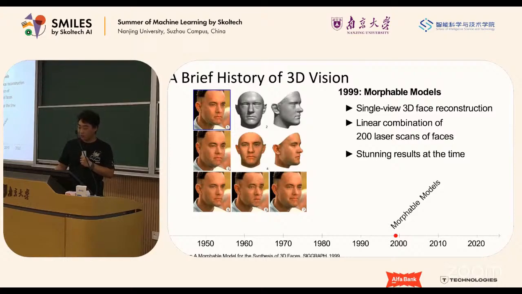So we can use the digital face in movies and games. And the face is not static; it can be morphable. By fitting the model to a single photograph, the method could estimate a plausible 3D face and modify its shape, pose, and appearance. The results were especially impressive for the computing and data available in 1999.